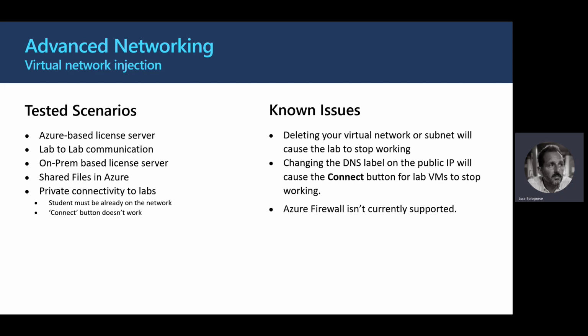There are some limitations, and I don't know if we will ever solve them, maybe we will. The firewall we are probably going to support at some point. But in essence, if you mess around with the virtual network or with the subnet, then the lab will stop working. So don't do that.